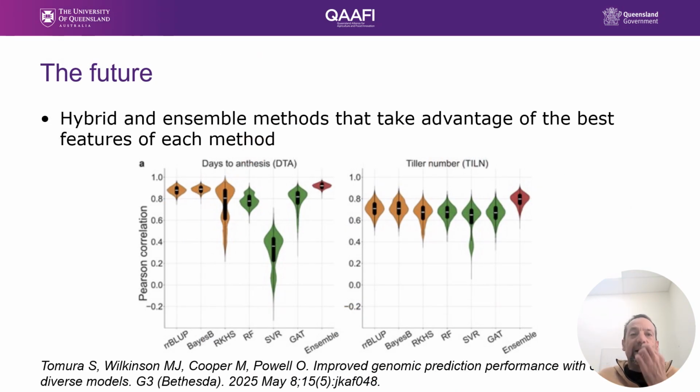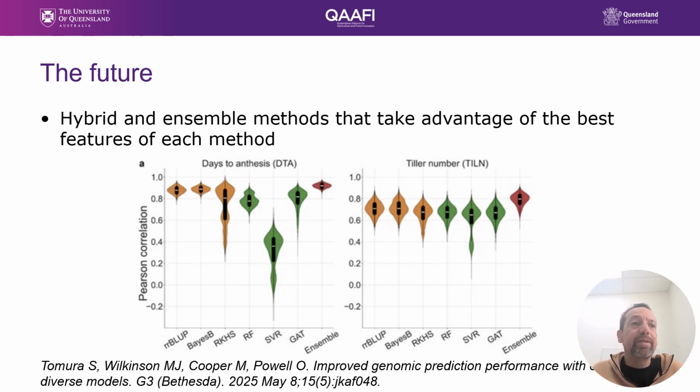And other groups have used other approaches to combine the best features of each method. So Mark Cooper's group has been looking at these ensemble methods that combine the features of multiple methods.